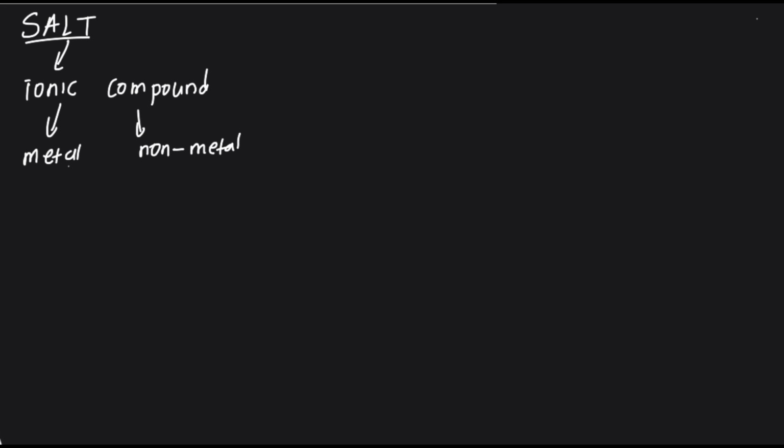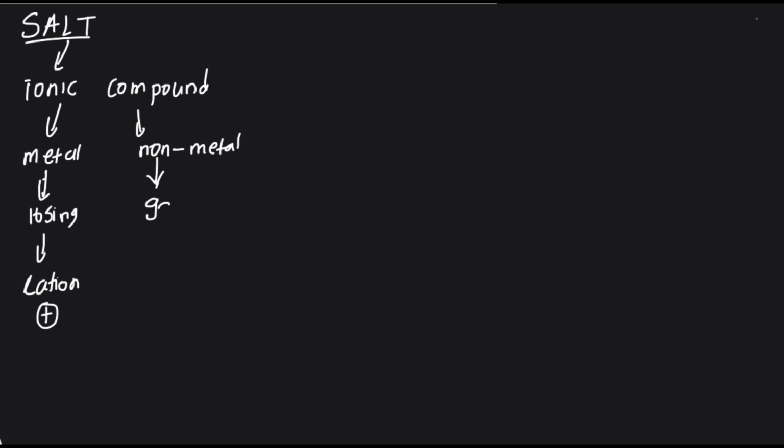So it's a bond that is created between two charges of different nature. Then for a metal, we know that a metal will form its charge by losing electrons. As a result, a metal will form an ion, what we call a cation. So remember, the cation is a positive charge. Then for the non-metal, the reverse is true.